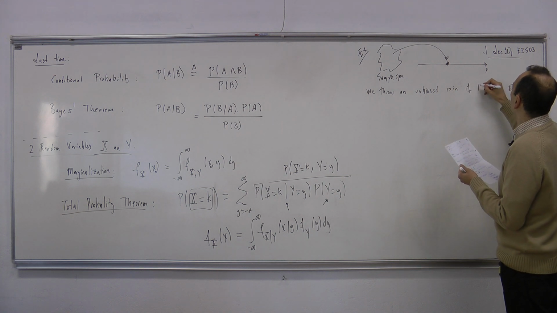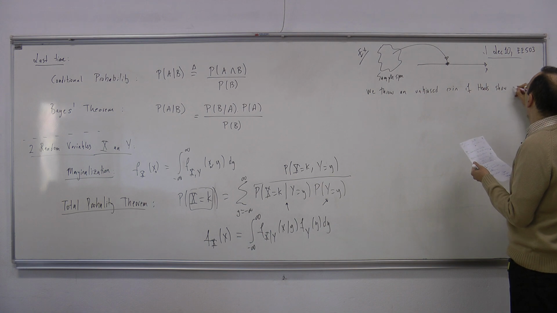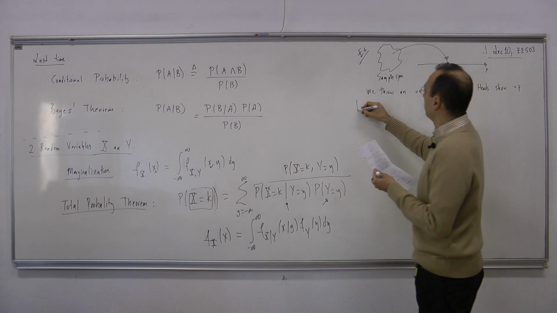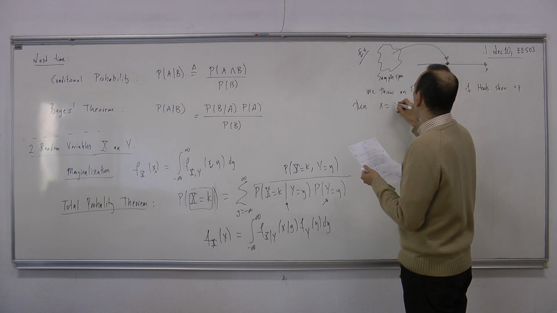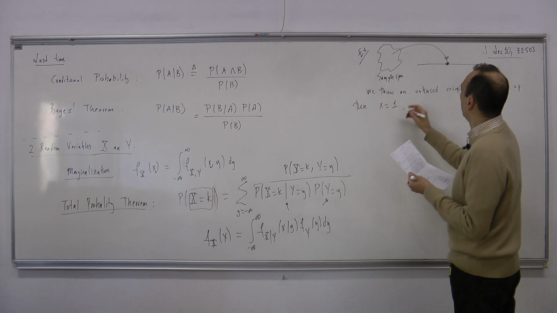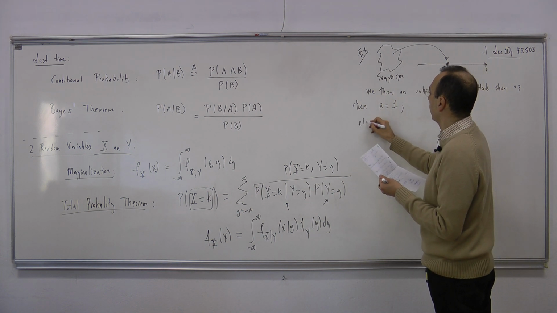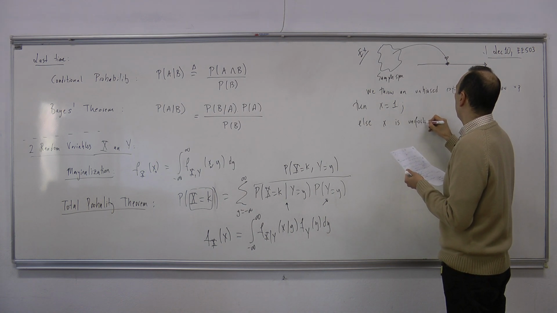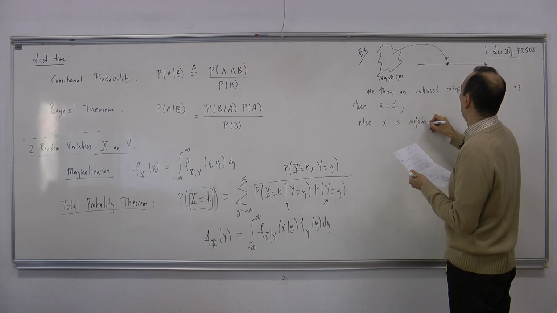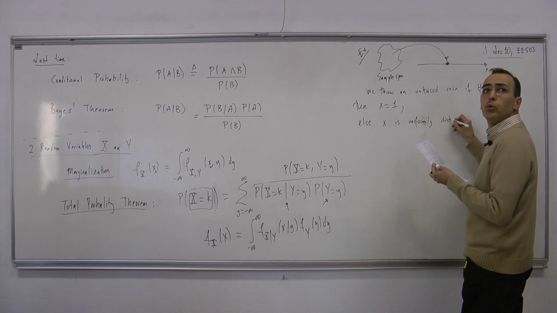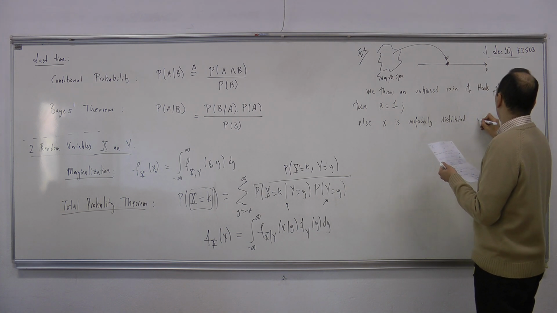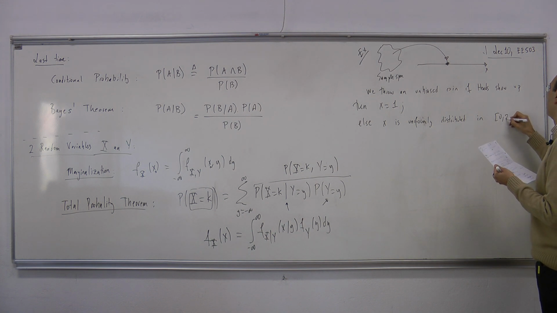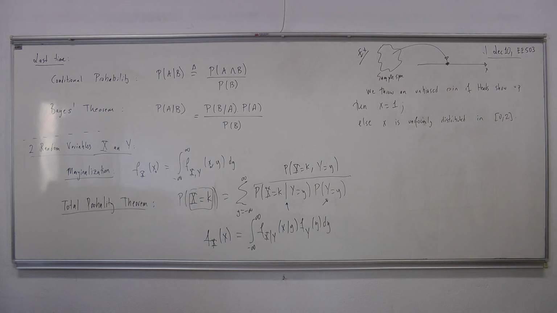If heads show up, then x is equal to 1, else x is uniformly distributed in 0 to 2, let's say. Okay, something like that.